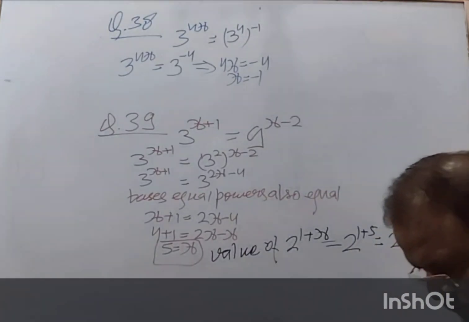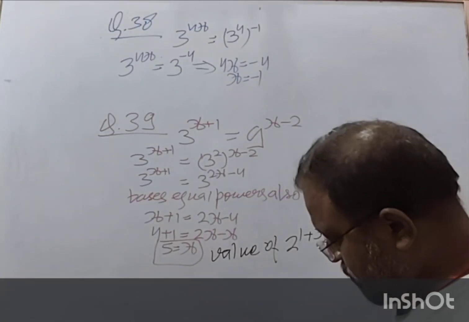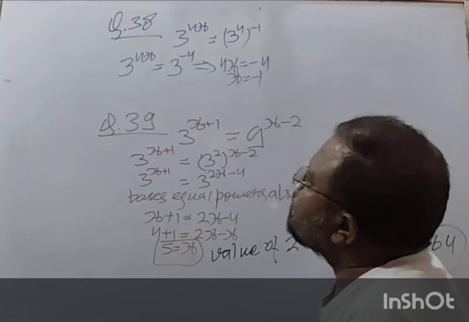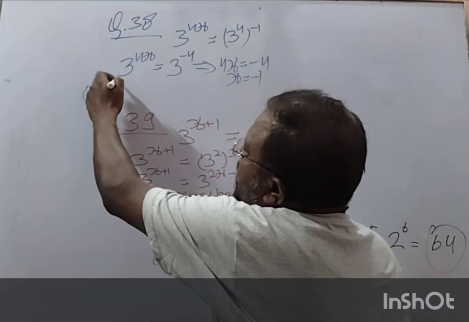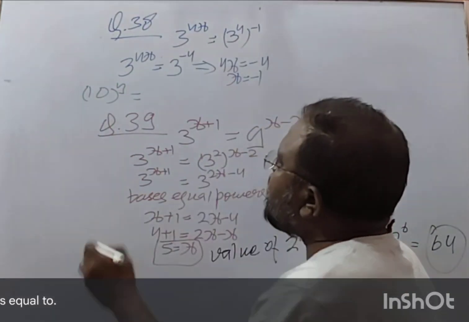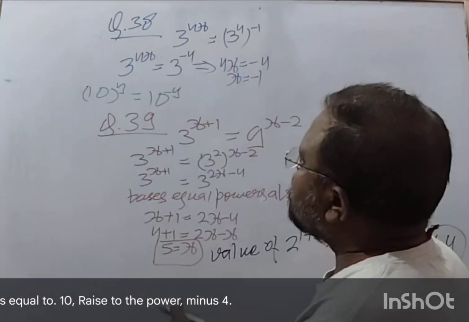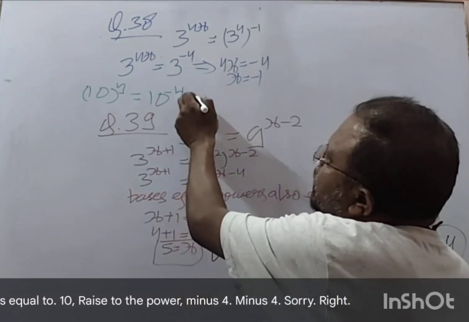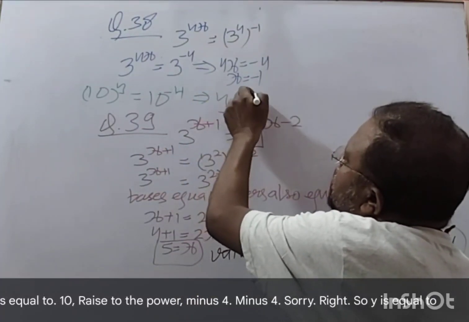Now they are saying 10 to the power y is equal to 10 raised to the power -4, sorry, -4. Right? So y is equal to -4.